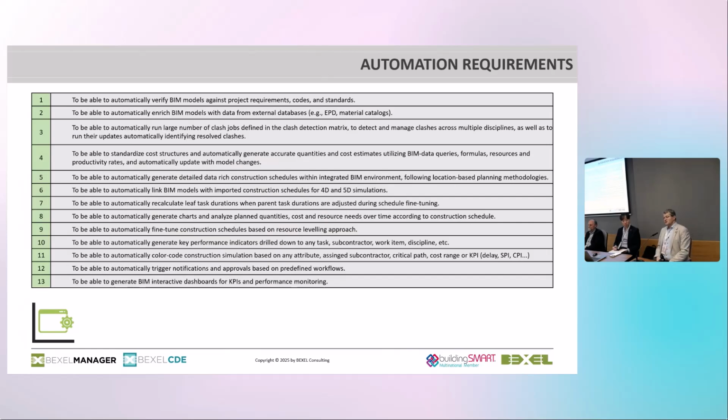Another huge challenge, I forgot to mention this in the beginning, one of the key ingredients is automation. Without automation, we are not going to be able to produce data. If we need to manually create a schedule, add resources, add quantities, add relationships, everything, and create 20,000 tasks, can I do it in Primavera? Yes.